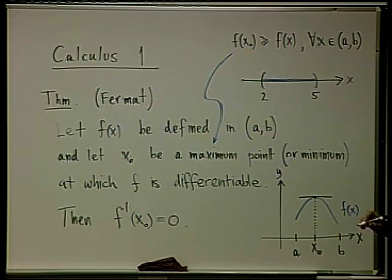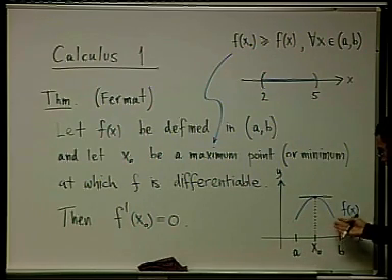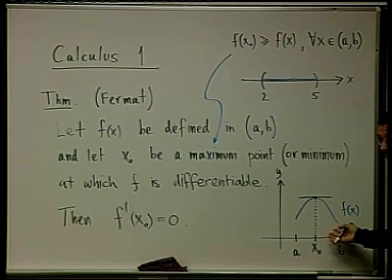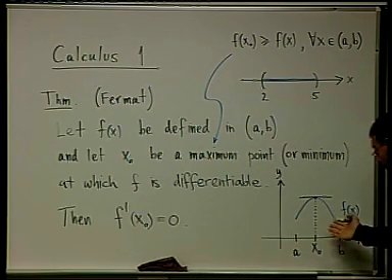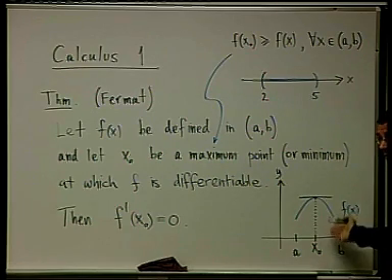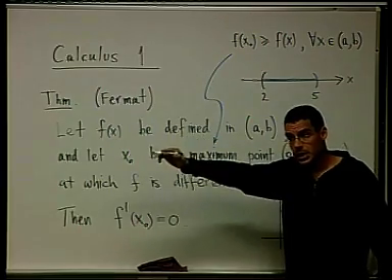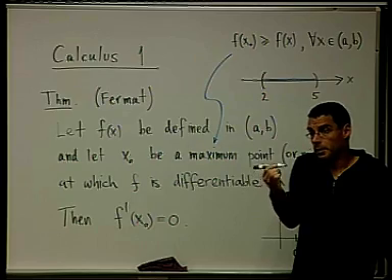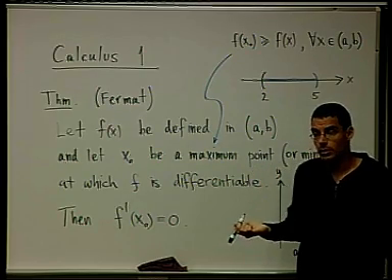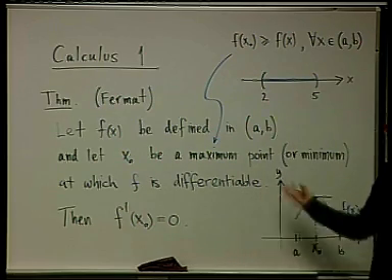Do you agree that this picture really reflects what this theorem says? And it's kind of convincing, right? If you think of a function which is smooth, no cusps, and you look at a maximum point or a minimum point, the slope of the tangent line there is going to be 0. Can you see this theorem?